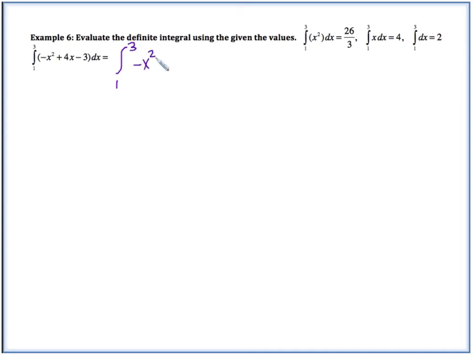So this will be negative x squared dx, and then plus the definite integral from 1 to 3 of 4x dx, and then plus the definite integral from 1 to 3 of negative 3 dx. Okay, so once we've split it up, that was using the additive function property.